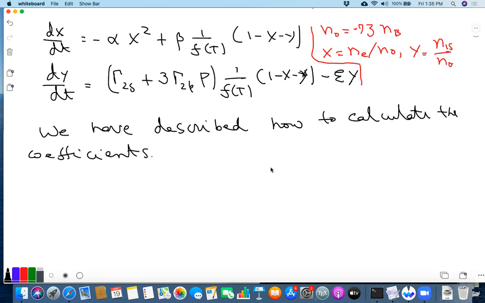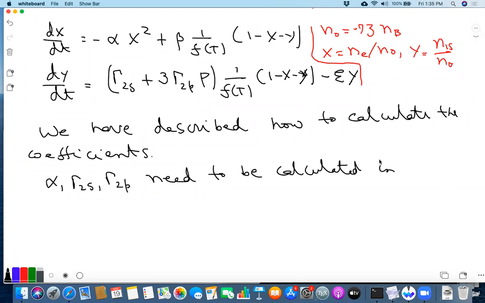Now there is one point I should make here, which I didn't discuss, is that these rates are microscopic rates. Alpha, gamma 2s, gamma 2p are microscopic rates, and the others you obtain by detailed balance. So these need to be calculated in the presence of a bath, and let me just describe how it makes a difference in the presence of the thermal bath.